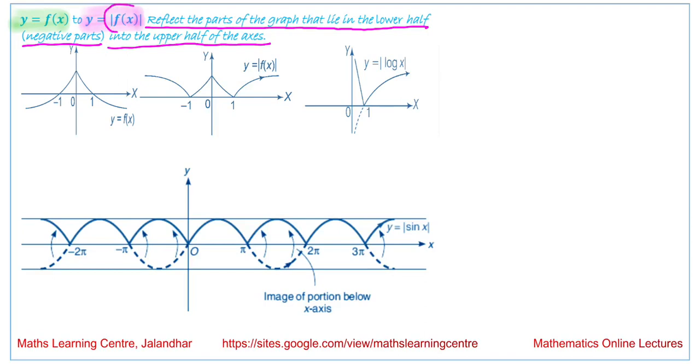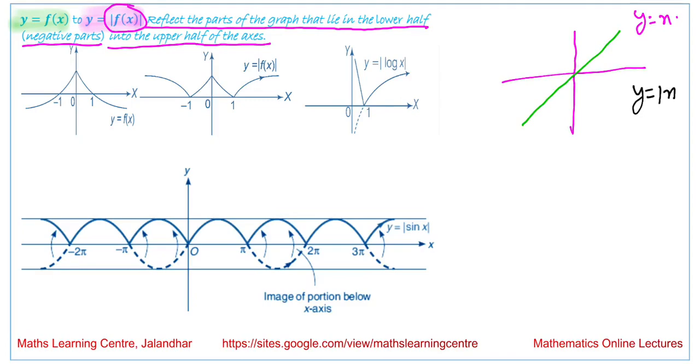If I am talking about the function y is equal to x, the graph of this function, if we plot, is in this form. Now if I am talking about y is equal to mod of x, it means the values of y are always positive, for all values of x.